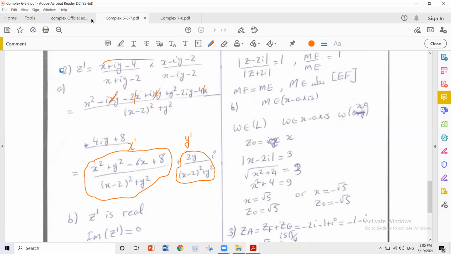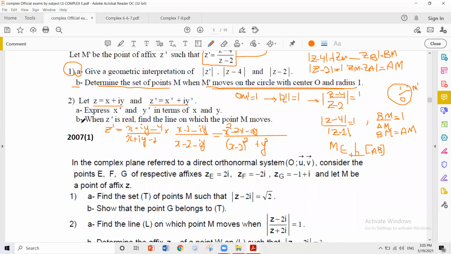The last part: when z prime is real, find the line on which the point M moves. z prime is real means the imaginary part of z prime equals 0, so y prime equals 0.